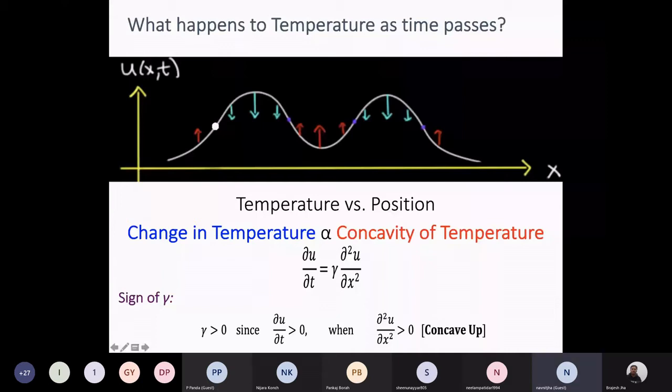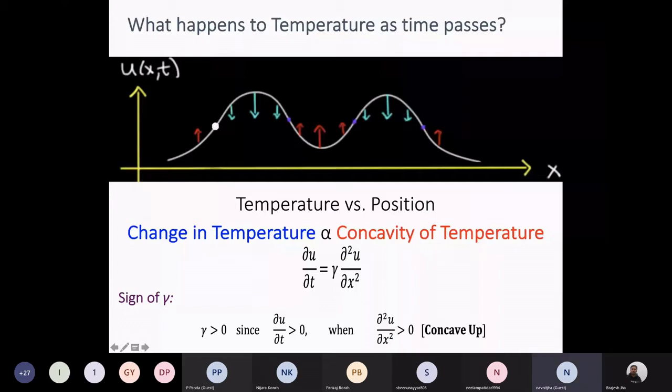So this proportionality constant is gamma, and you can analyze the sign of gamma from the graph. Here the arrow is up, here arrow down, here arrow down, here arrow down, here arrow up, and so on. These represent our concave up and concave down situations. So gamma is positive since del u by del t is positive. Temperature is rising here, on the most left side, the first up arrow. So this is when del 2u by del x square is greater than 0. Concave up.